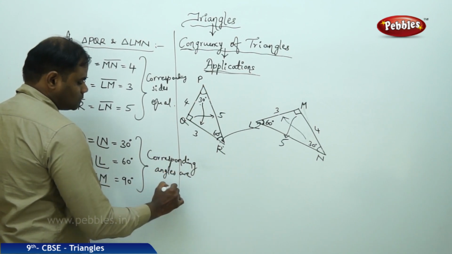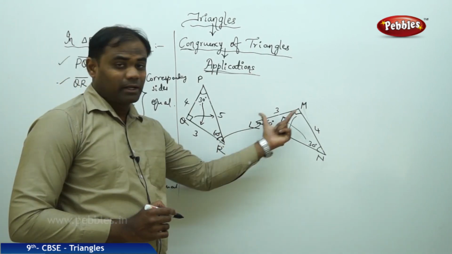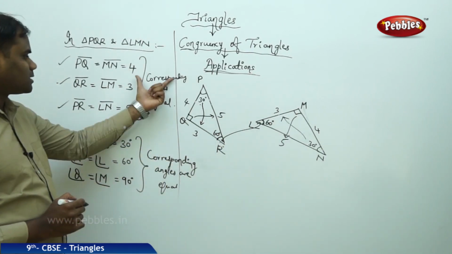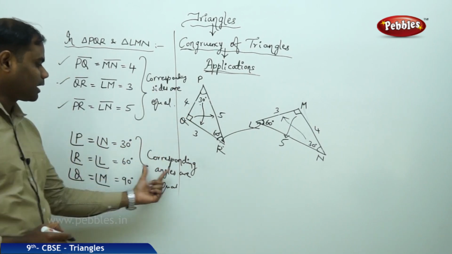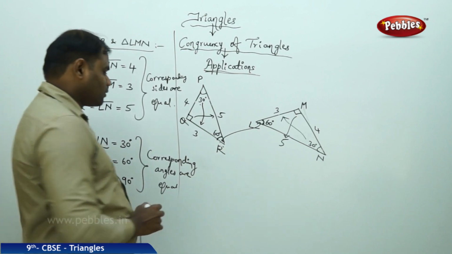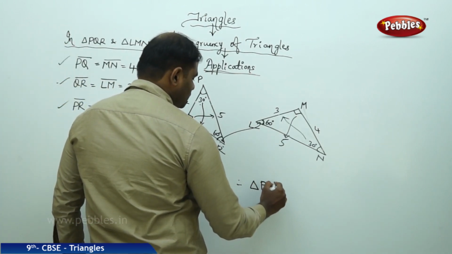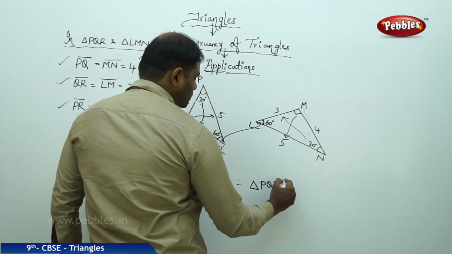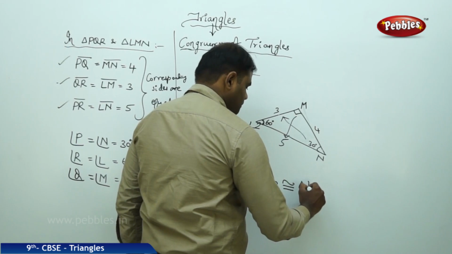Now, since for the two triangles PQR and LMN the corresponding sides are equal and the corresponding angles are equal, I can say triangle PQR is congruent to triangle LMN.